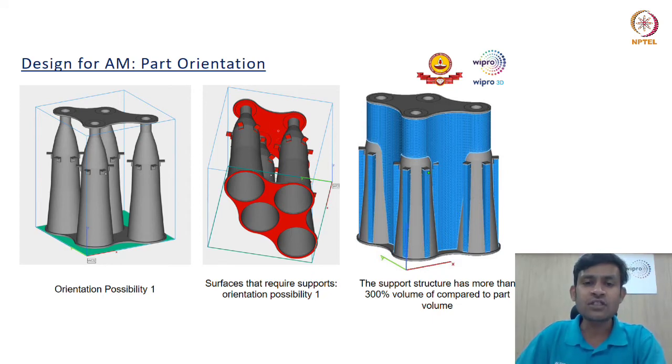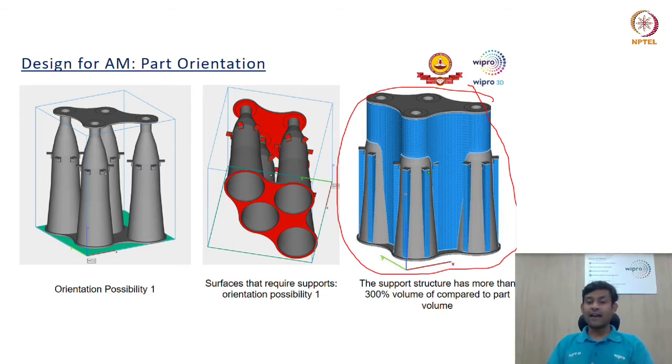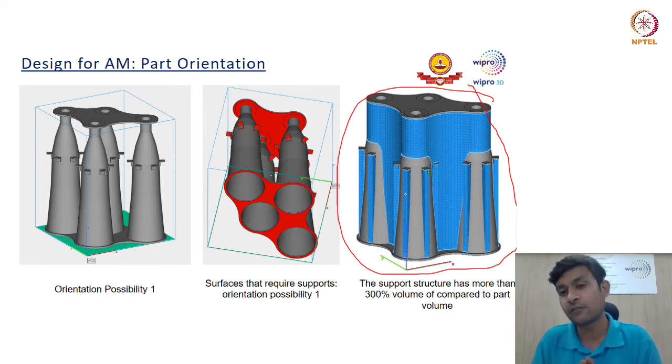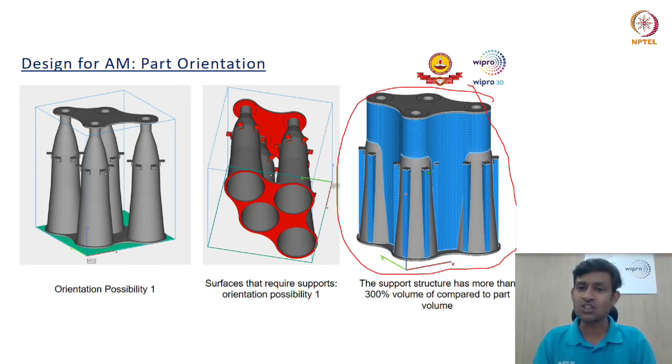So there is a lot of support requirement here, and when we look at the support design in this particular image, we can see that a lot of support has been added. In fact, the volume of the support is 300%, that means 3 times the part volume itself. So the major share of the machine time would go into printing the support structures.